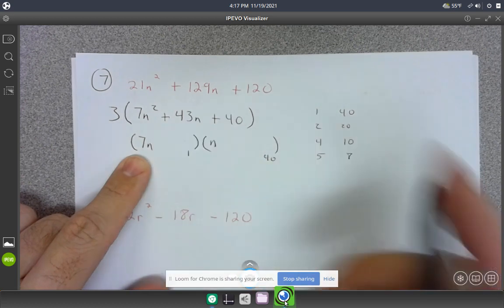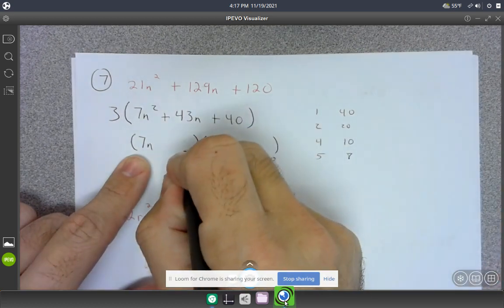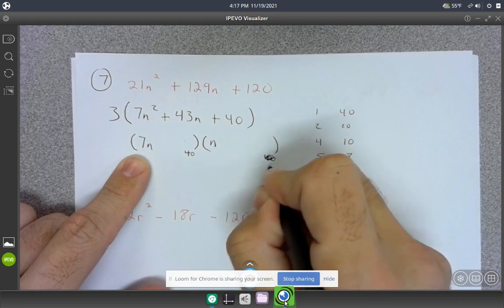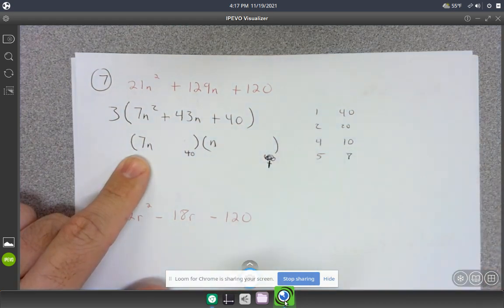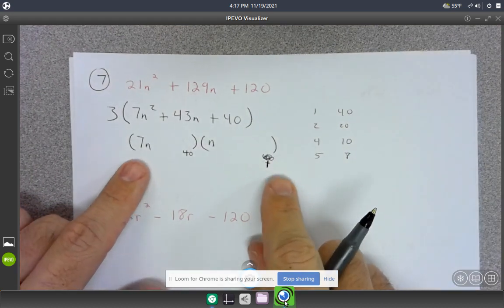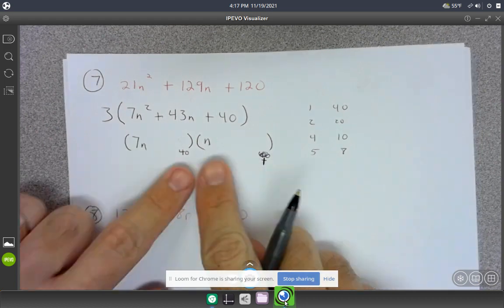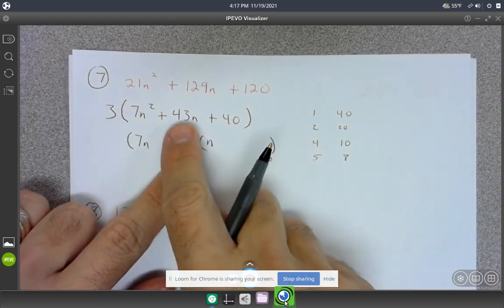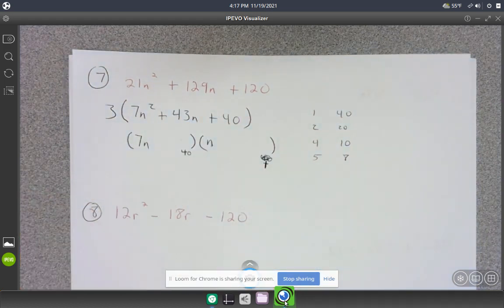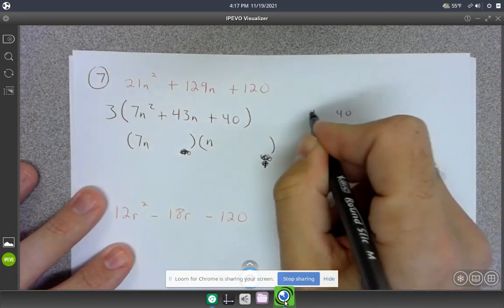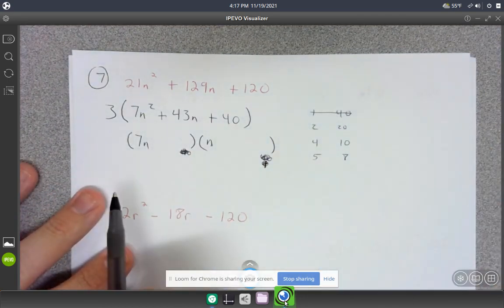I'm never going to get a 43 out of that. All right. If I try the 40 here and the 7 here, the 1 here instead, this is going to give me a 7, and that's going to give me a 40, but that does not equal 43. I can't get a 43 out of that. All right, so I'll scratch those out. So 1 and 40 are out.